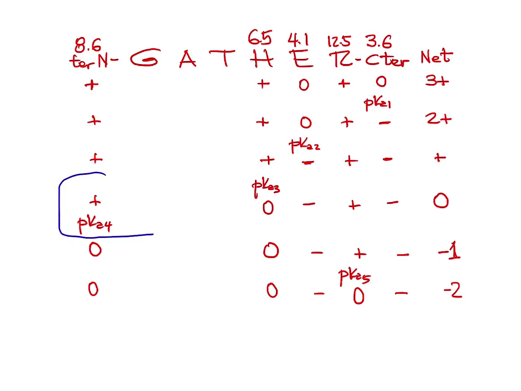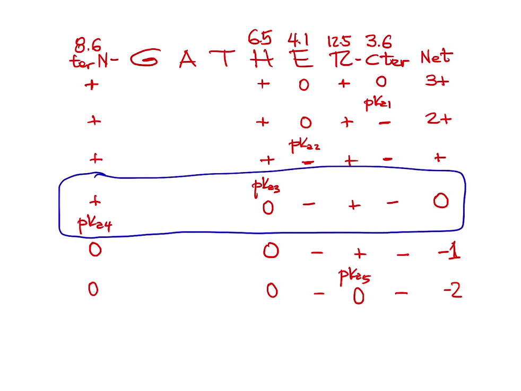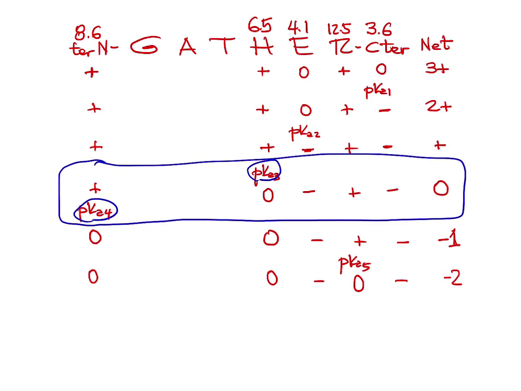So the 0 is here, and involves the pKa3 and the pKa4. So that way we can now calculate the pI by taking the average of these two pKa's.